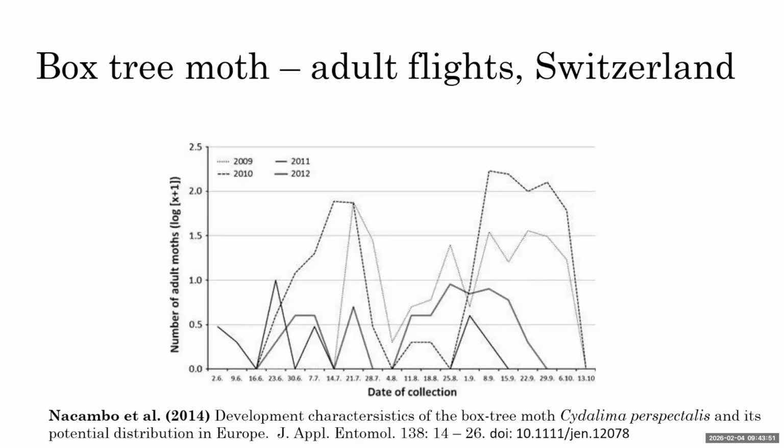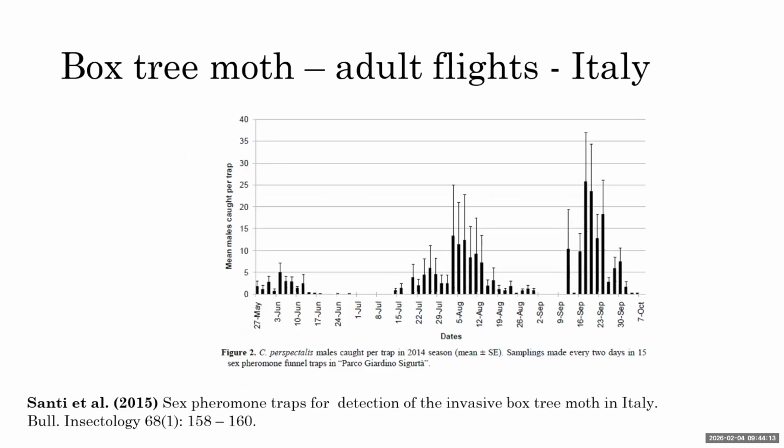So we got June 23rd through July, it kind of drops off and then picks up around the end of August and continues in some form or fashion into October. And so this is in Switzerland. They're putting up 2 generations.